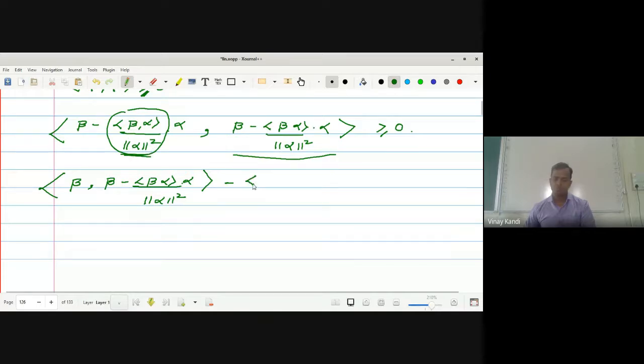So this is inner product of beta alpha divided by norm square of alpha. And in the second inner product space, alpha into inner product of alpha with beta minus inner product of beta alpha divided by norm square alpha into alpha. Is it correct? And this is greater than or equal to 0.